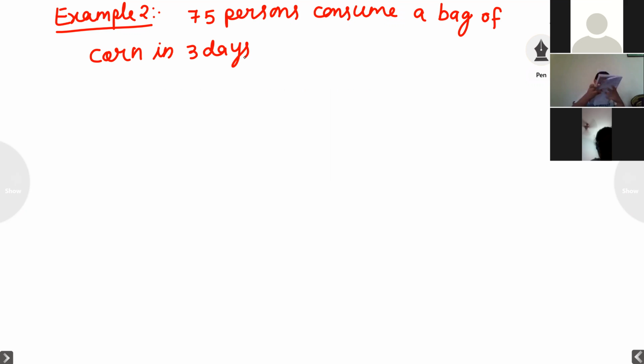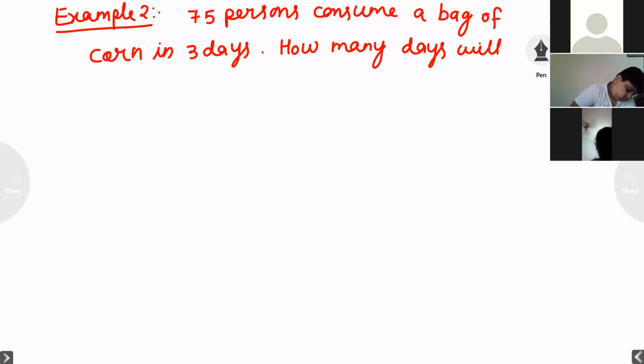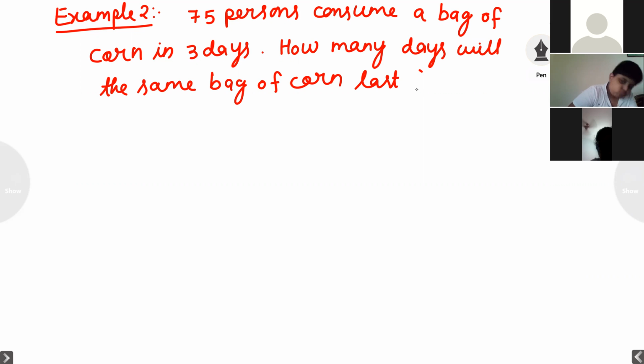How many days will the same bag of corn last for 15 persons?